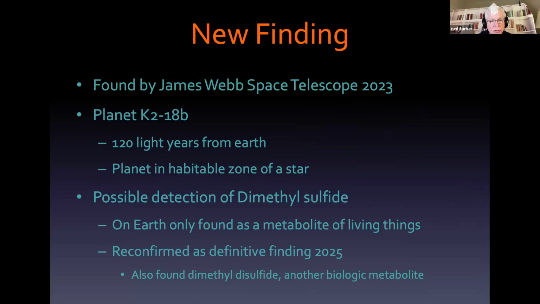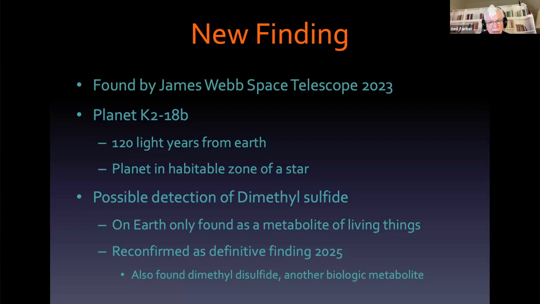It found K2-18b, which is about 120 light years from Earth. This is a planet that is in the habitable zone of a star. It's about somewhere between the size of Earth and Neptune. It has a very large amount of water on its surface.